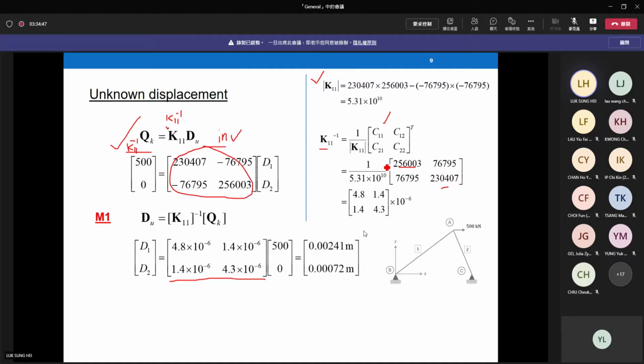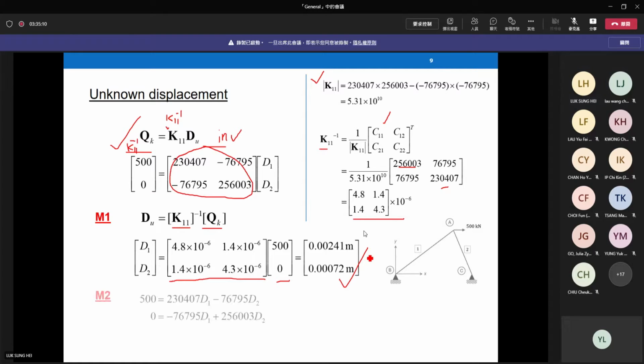And then by doing the calculations here, you can get the inverse matrix. Then if you multiply the inverse matrix by Qk, the known force vector, you have the displacement. I just made it right here.